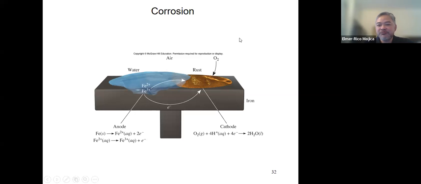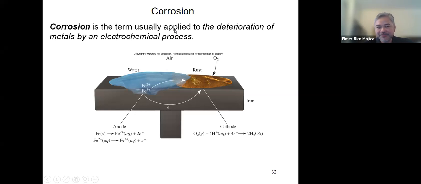Because what's the problem with metal? Metal will always what? Corrode. Okay. So when we say corrosion, this is the term usually applied to the deterioration of metals by an electrochemical process. And this is how the metal corrodes.